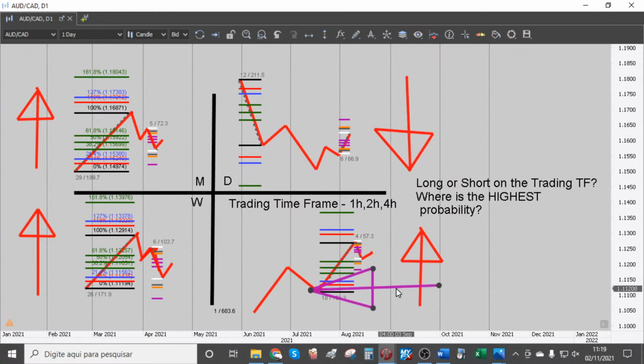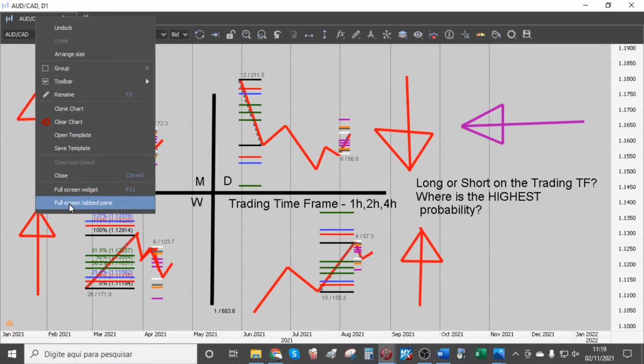And on the 1 hour, 2 hour, 4 hour chart, the original Fibonacci is up, trend direction is up. Is this understandable, everybody? Is this clear what we are doing? Yes, okay.